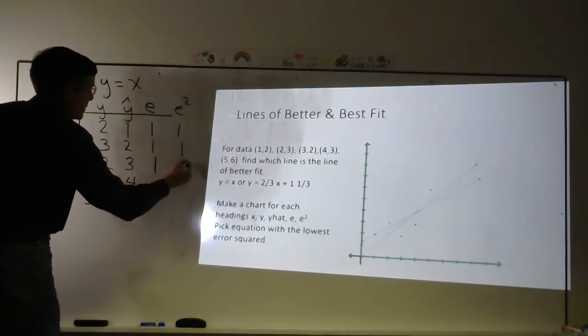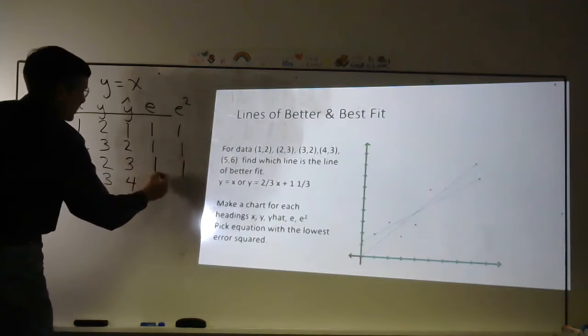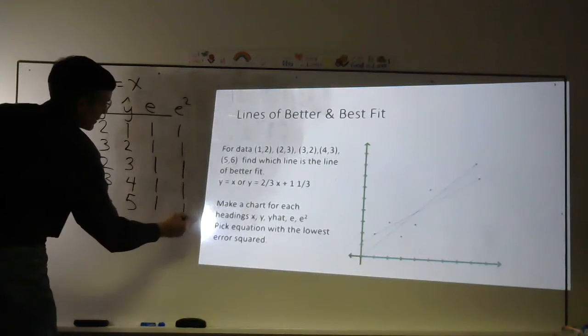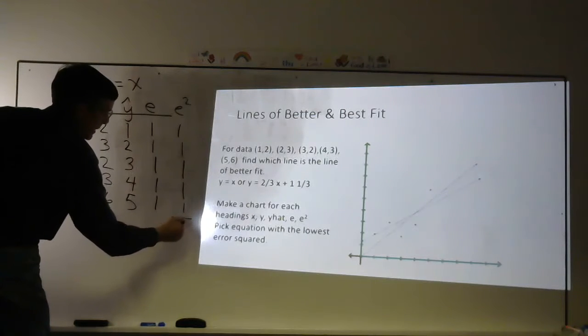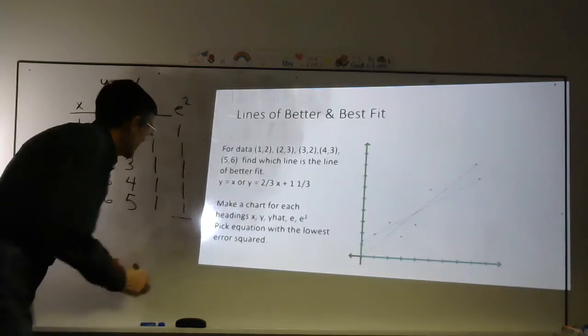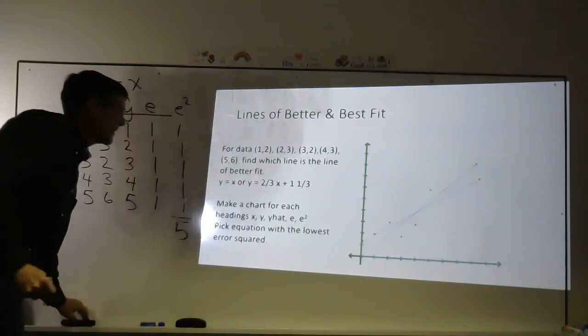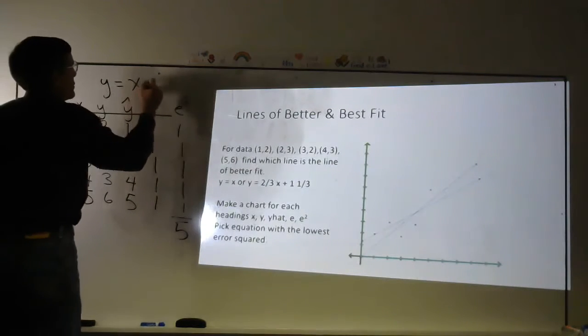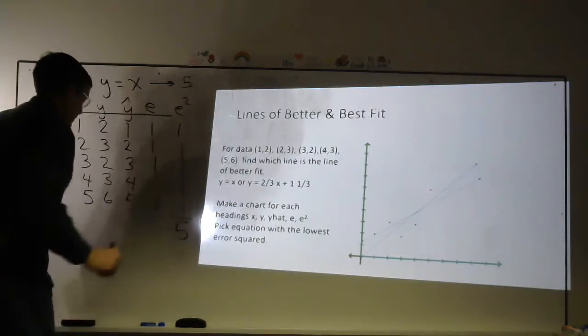So I'm just going to say it's 1, squared is 1. 3 and 4 is 1, squared is 1, 6 and 5 is 1, squared is 1. Add this up, and I get 5. Okay? So the error squared in that particular problem is 5. All right?